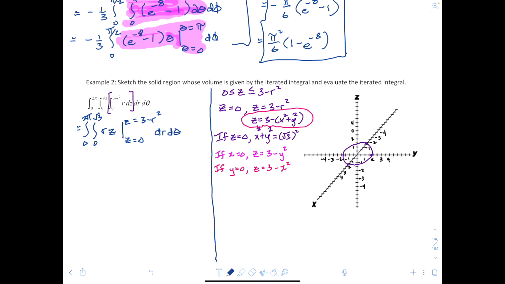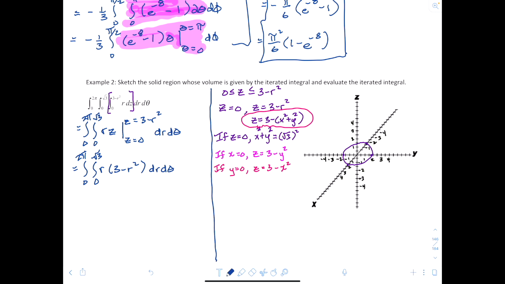And so that's going to give us the integral 0 to 2 pi, integral 0 to root 3, and then r times 3 minus r squared, and at the lower limit it'll zero out. And then we'll have dr d theta.